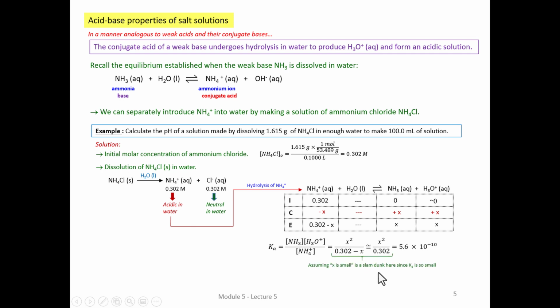Well, why can we do that? Well, the Ka value here is so small that it's pretty much a slam dunk that we can assume X is small. Now you might ask, where did this Ka value come from?